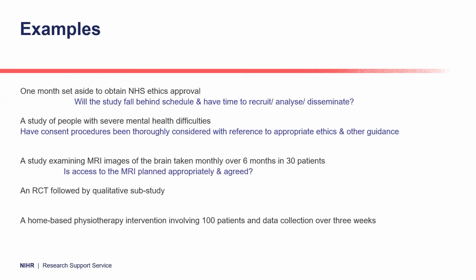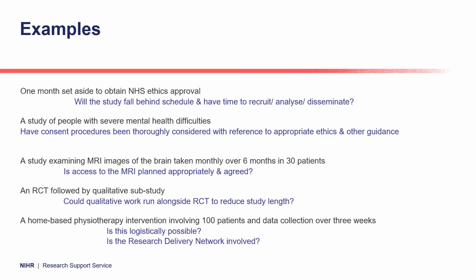Is access to MRI planned appropriately and agreed with whoever's doing it for you? An RCT followed by a qualitative sub-study. Could the qualitative work run alongside the RCT to reduce the length of study? And finally, a home-based physiotherapy intervention involving 100 patients and data collection over 3 weeks. Is this logistically possible? Is the research delivery network involved?